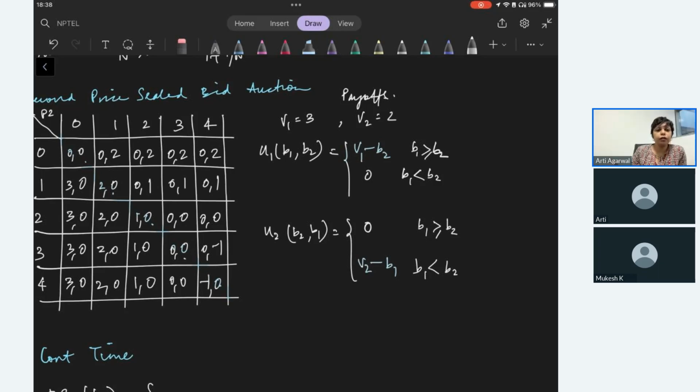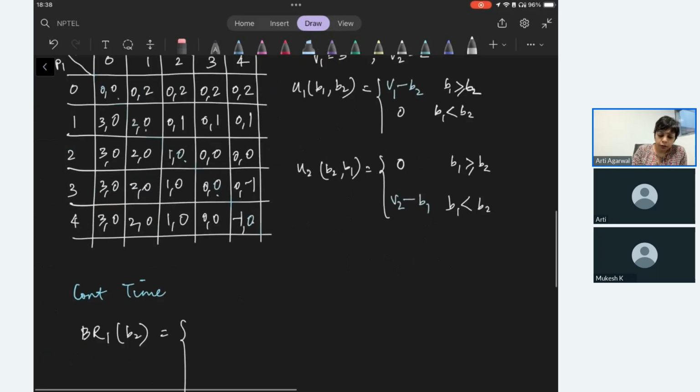Which is what was happening here. I'm P1, I made a bid of 4, and the other guy also made a bid of 4, and I had to pay 4, which was the bid of the other guy, and it was greater than my valuation, which is 3.